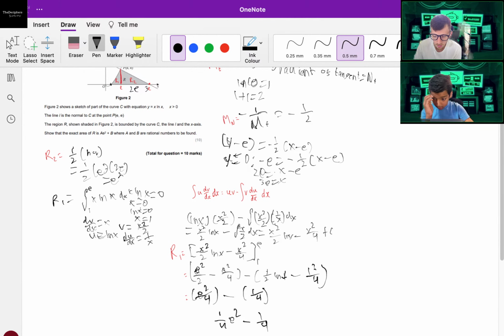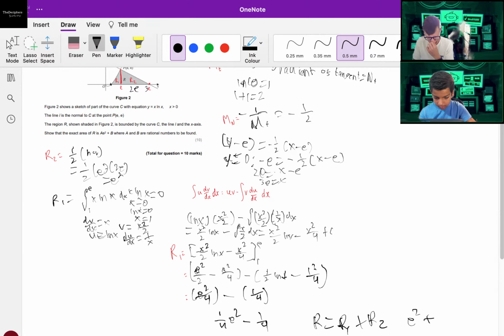Fantastic. And then our total area, can we write down R equals R1 plus R2? So R is R1 plus R2. And R2 is E squared. E squared plus a quarter E squared minus a quarter. So that's 5/4 E squared minus a quarter.